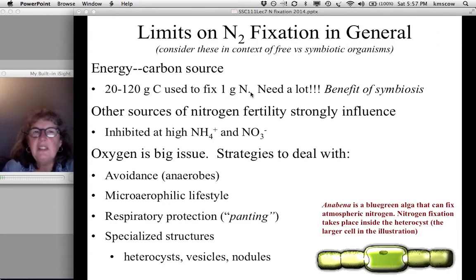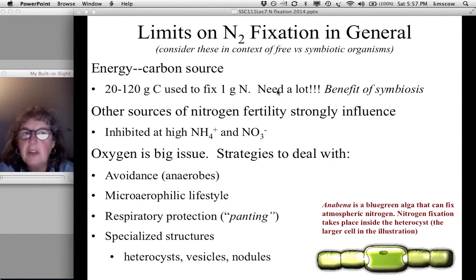Okay, so limits on N fixation in general, and you can think about what's the advantage of being in a symbiotic relationship versus being free. Even though being free is great, freedom is wonderful, but here are some of the trade-offs. So, very expensive: you need 20 to 120 grams of carbon to fix 1 gram of nitrogen, so that's a lot.